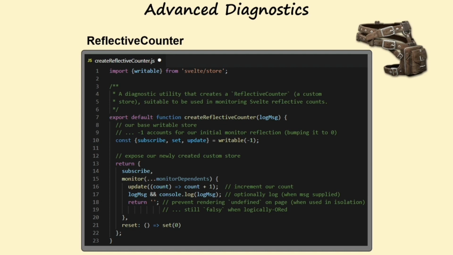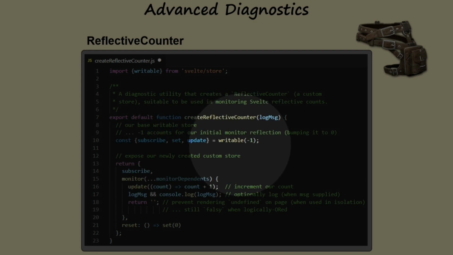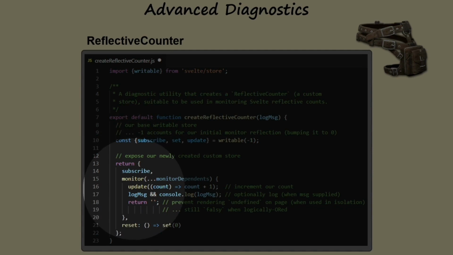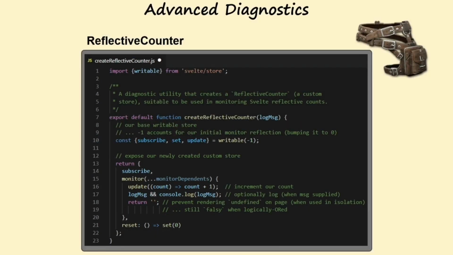So you can see here that we're actually creating a writable store, and it has a single value, which is a counter. And what it's returning is a custom store, and it has the monitor function, which is actually updating the internal counter every time it's executed.